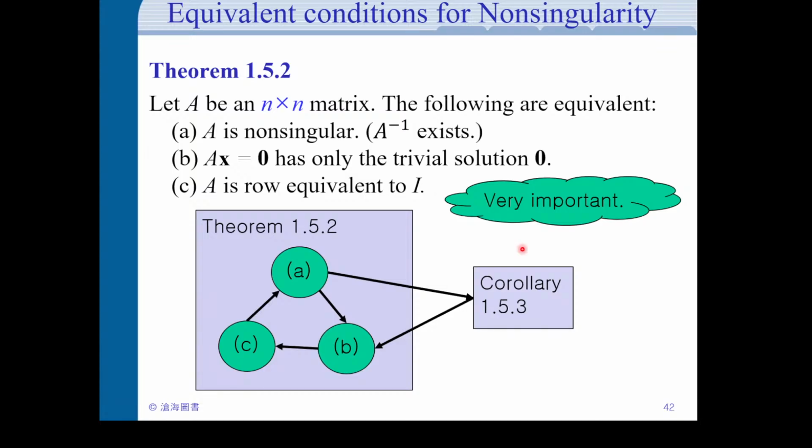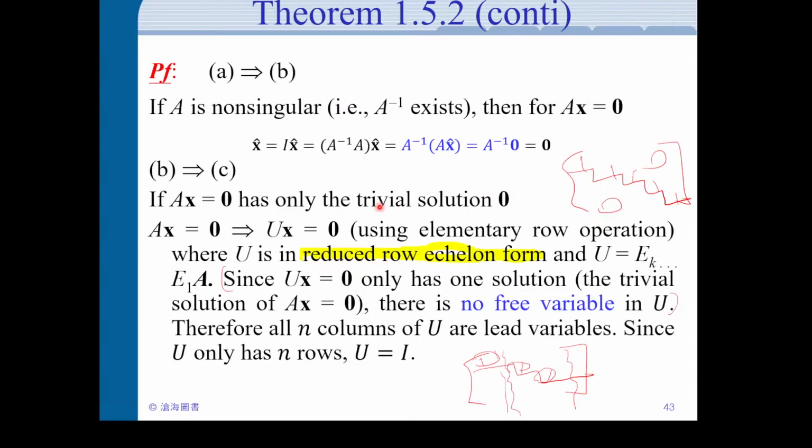Okay, and so remember we have this theorem for singular matrices. A is non-singular if and only if A is row equivalent to the identity, so its reduced row echelon form is the identity.